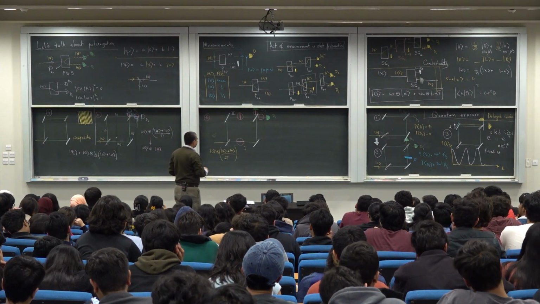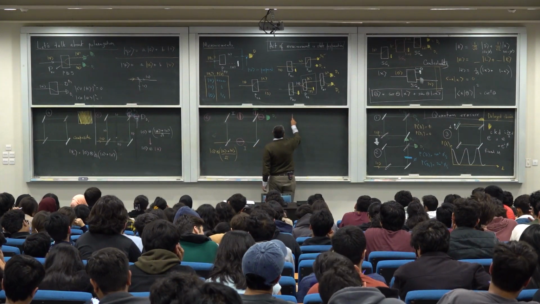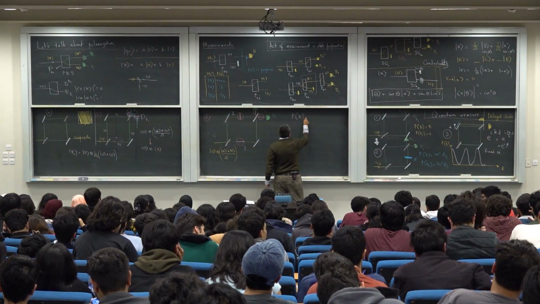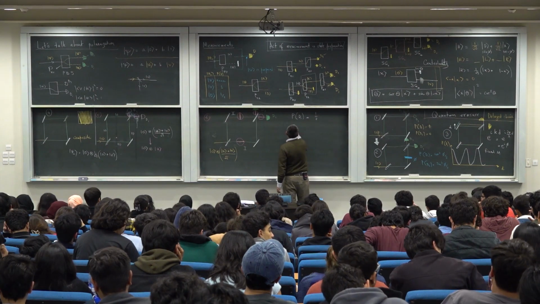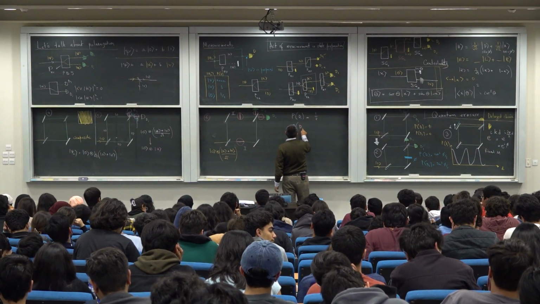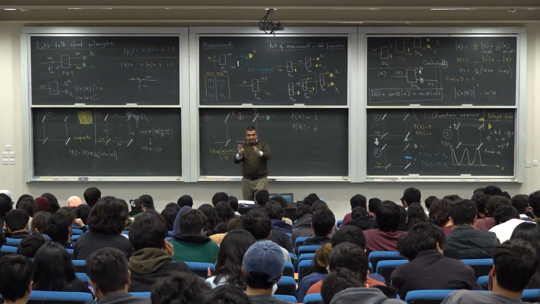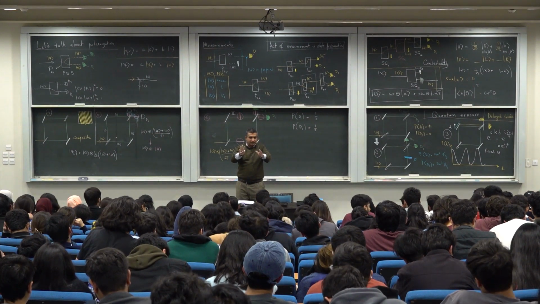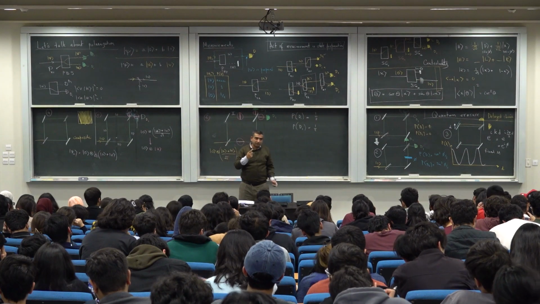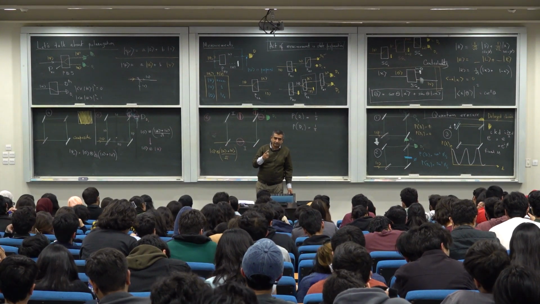What's the probability that D1 clicks? 1/2. And what's the probability that D2 clicks? 1/2. So we have complete uncertainty in the momentum, which means we must know the path of the photon.